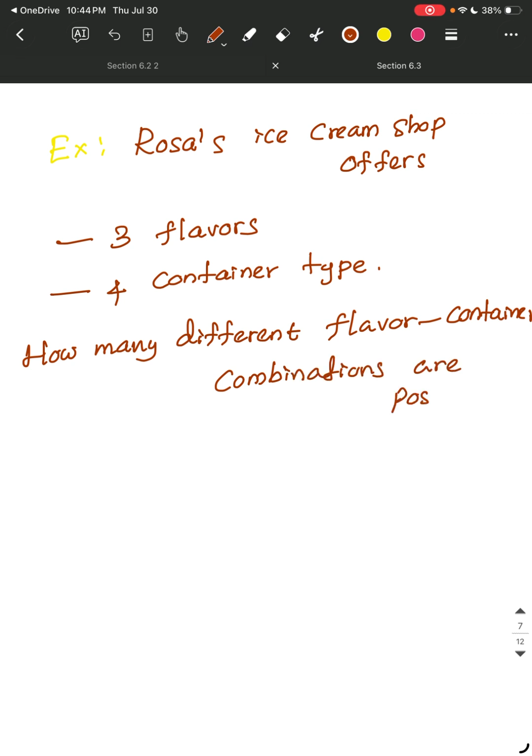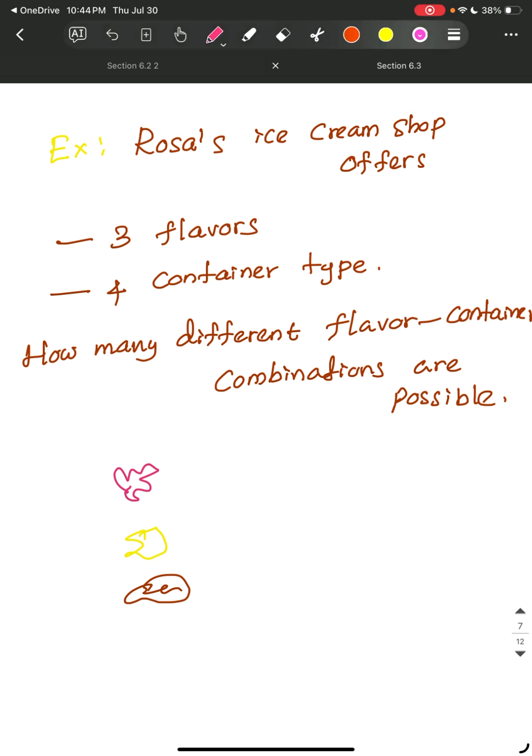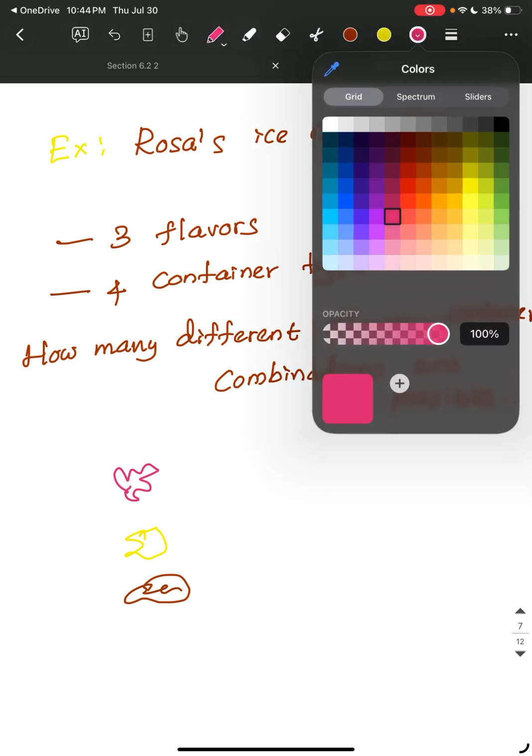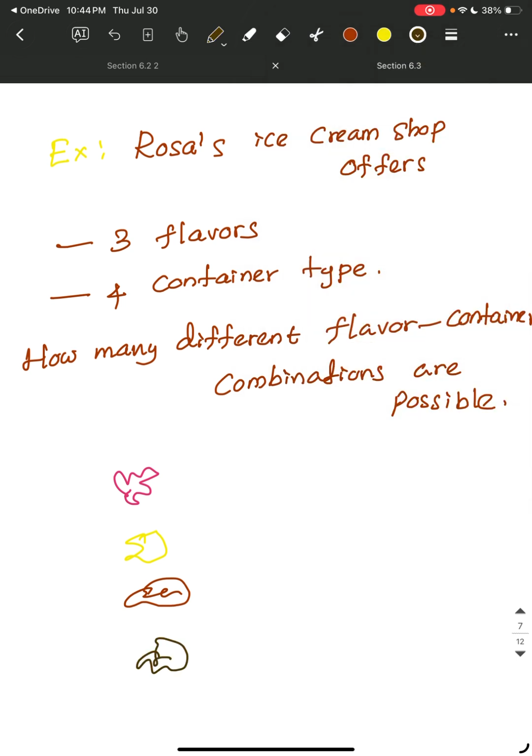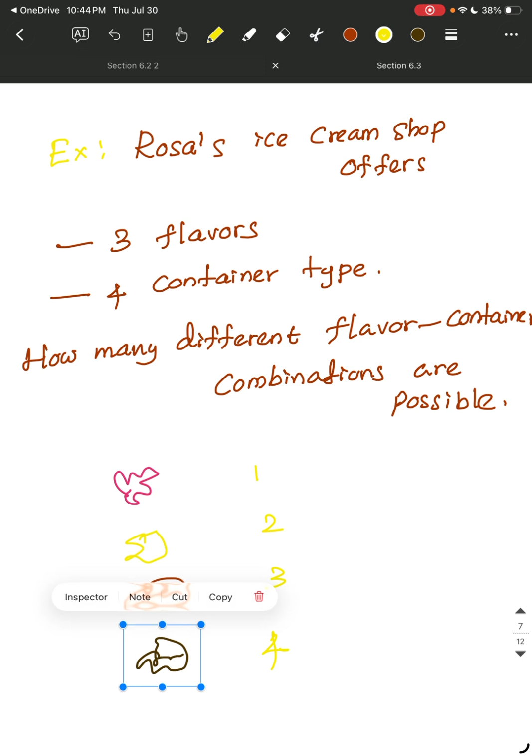Again, Rosa's place has 3 flavors. Let's say strawberry, mango, and cherry, and 4 types of cones, 1, 2, 3, 4. How many different ways?